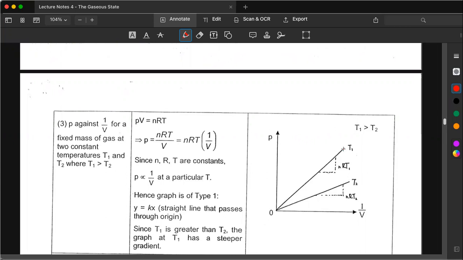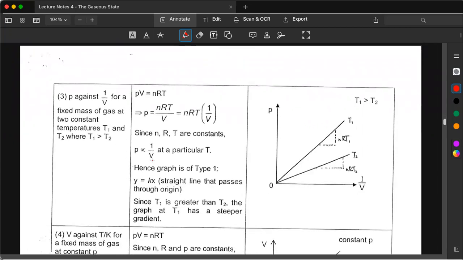So it will be a straight line graph that cuts through the origin. So it is something similar to type 1, y equal to kx, where it's a straight line that passes through the origin. So if T1 is greater than T2, the graph at T1 should have a steeper gradient. Yes, meaning the constant is greater. So the gradient, which is the constant, should be of higher value and show a steeper gradient graph.